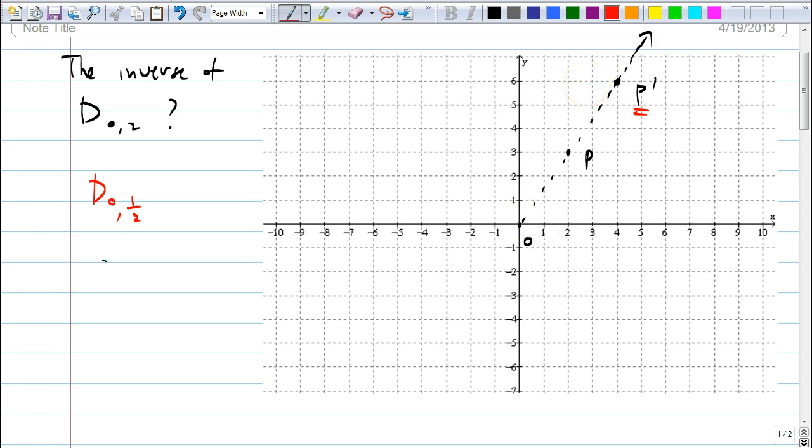Let's verify. If we're looking at this P prime, we're treating P prime as if that's our preimage, right? So don't worry about this P now. We just want to see whether it goes to P. If it's D of around O with half, we know it's going to be on this ray again, P O P prime.